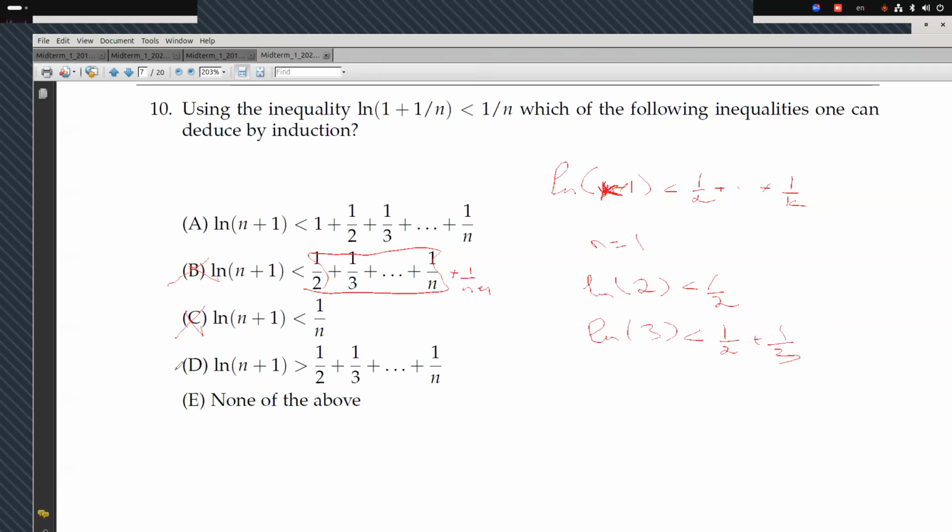And this is quite similar to statement A, but we have the inverse inequality here. If we try to prove by induction, we are not able anymore to apply this inequality because we have to estimate from below, and here we have estimation from above. So this will not work anymore.